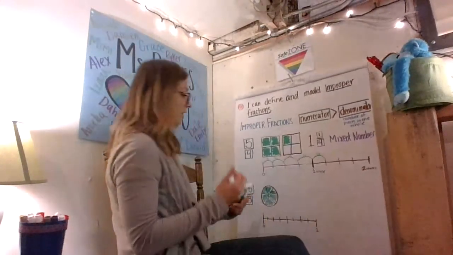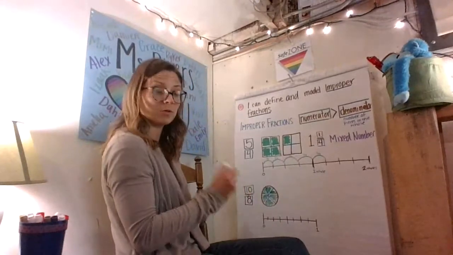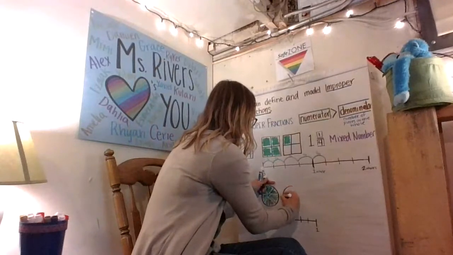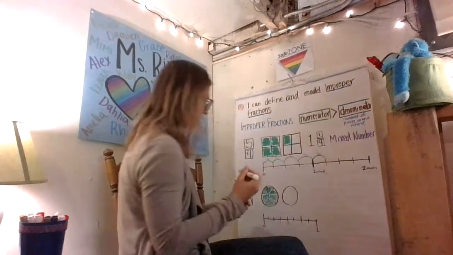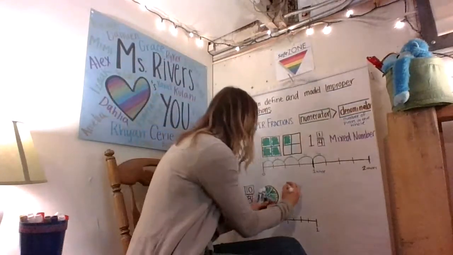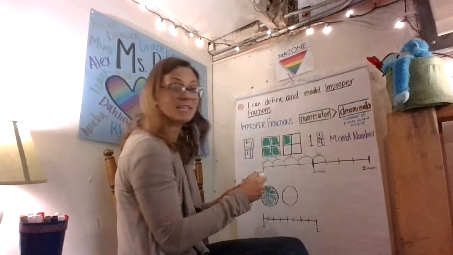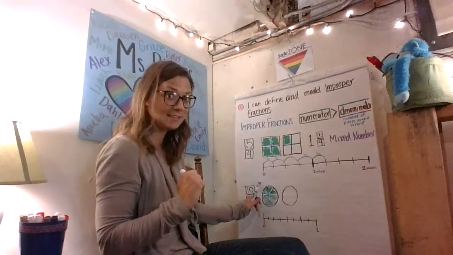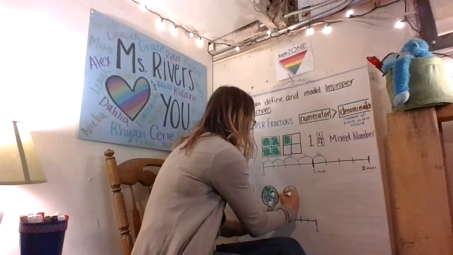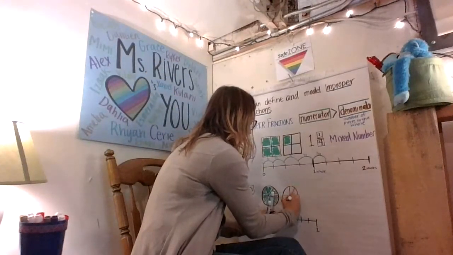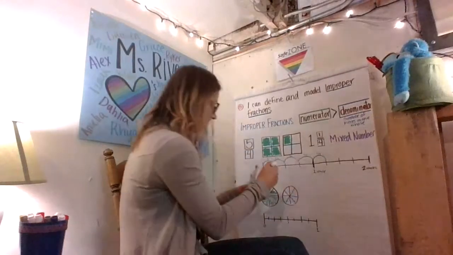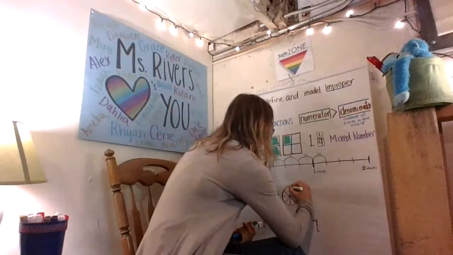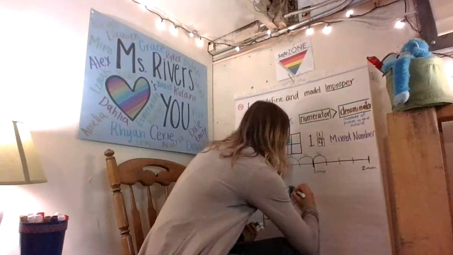Okay, I know I have 2 more, so I need to add another whole. Again, that needs to be in 8 parts because each whole in this scenario has 8. So I break that up, and now I can color in 2 more.